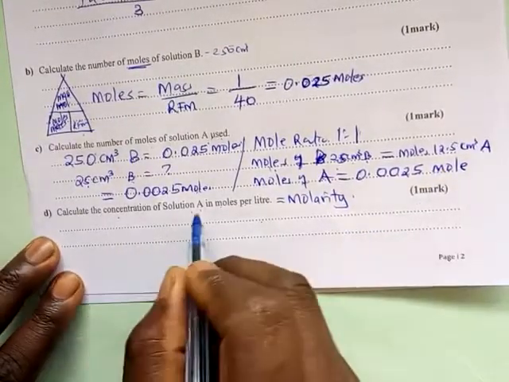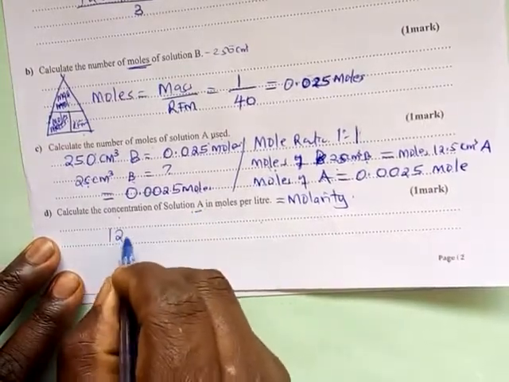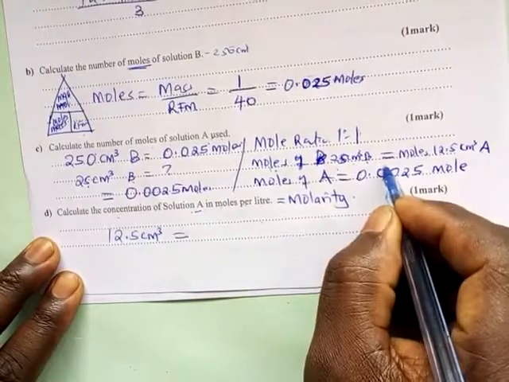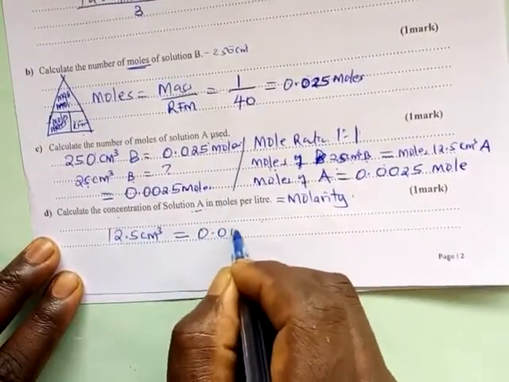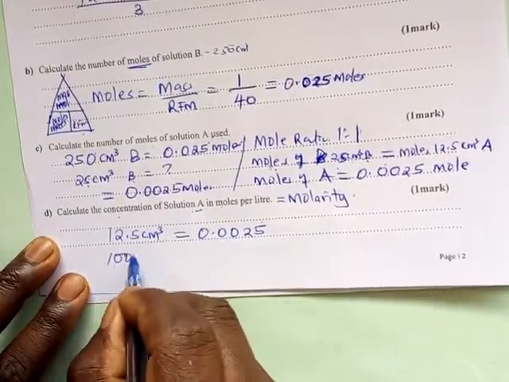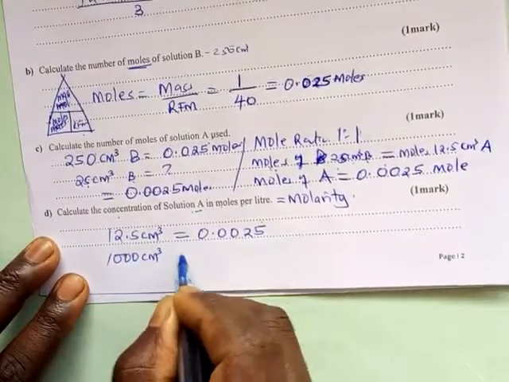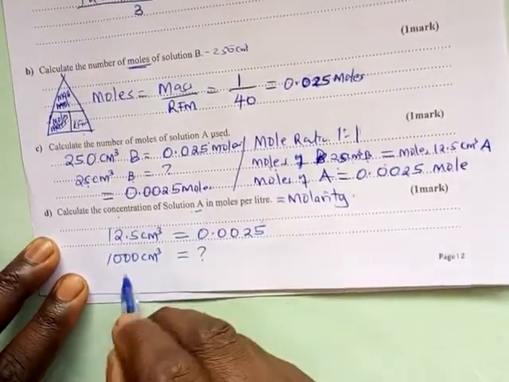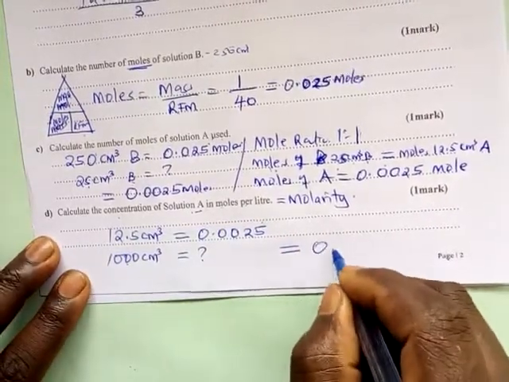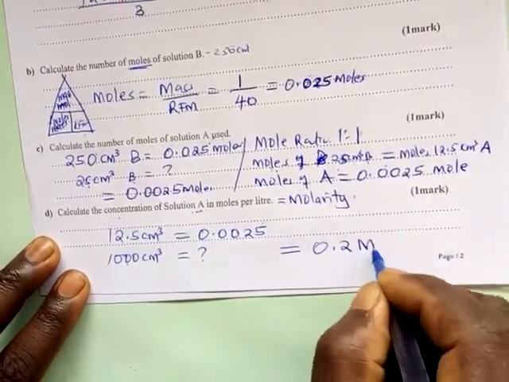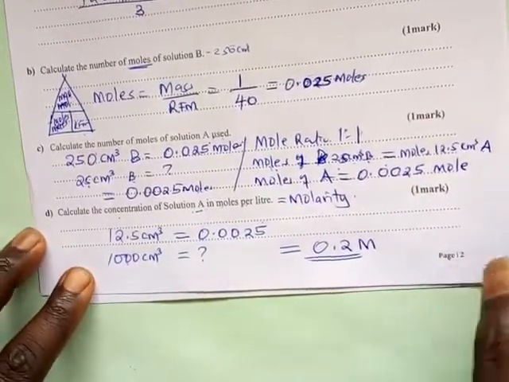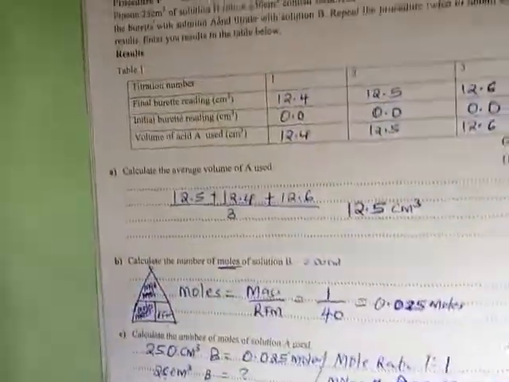So solution A, 12.5 cm3, contains 0.0025 moles. So 1,000 cm3, which is the liter, will contain what? It is times 1,000 divided by 12.5, and it gives you 0.2 M. That is the molarity of solution A, the number of moles in a liter.